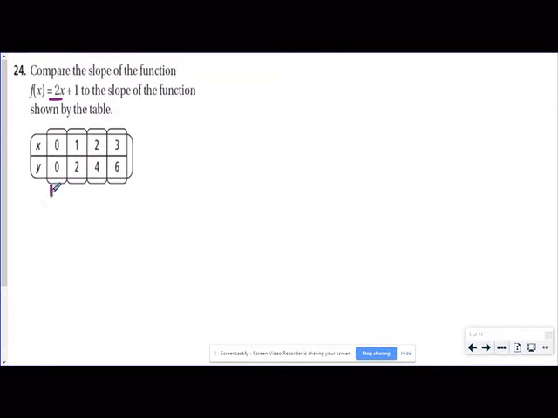So this can be P1. This can be P2. Remember what my slope formula is. M is equal to y1 minus y2 over x1 minus x2. Those are not exponents. They are subscripts, just names. x1 and y1 come from P1, which is 0 and 0.